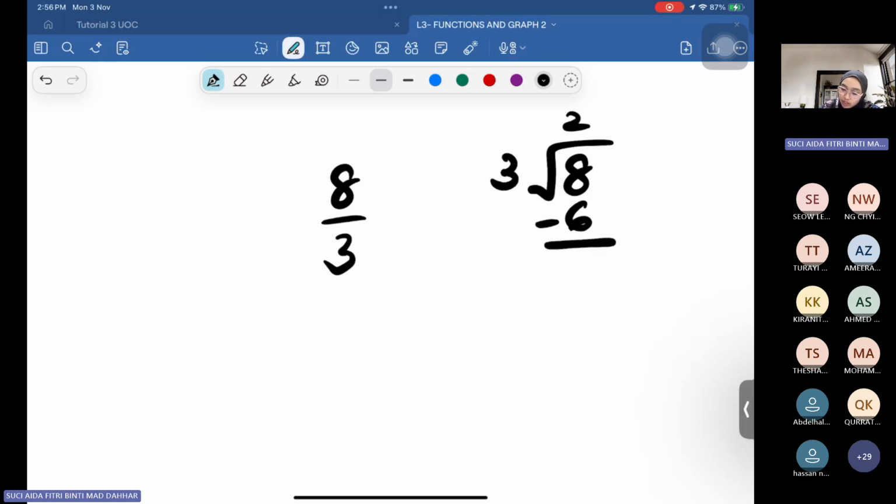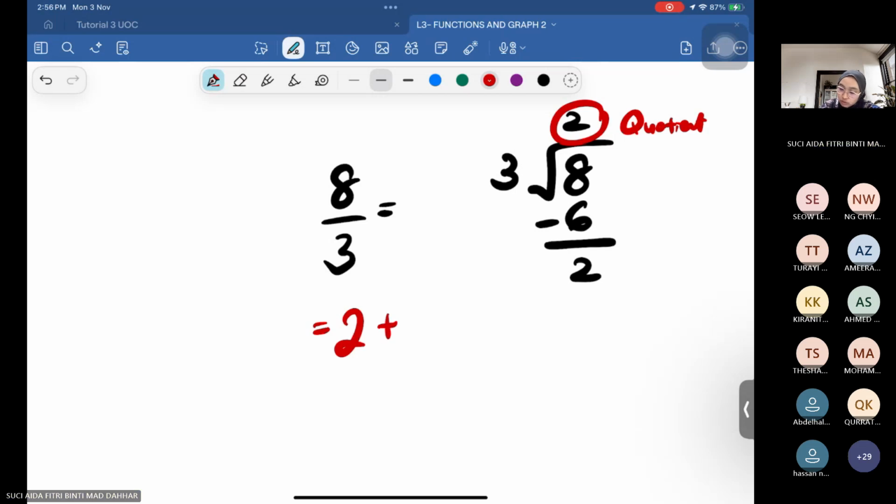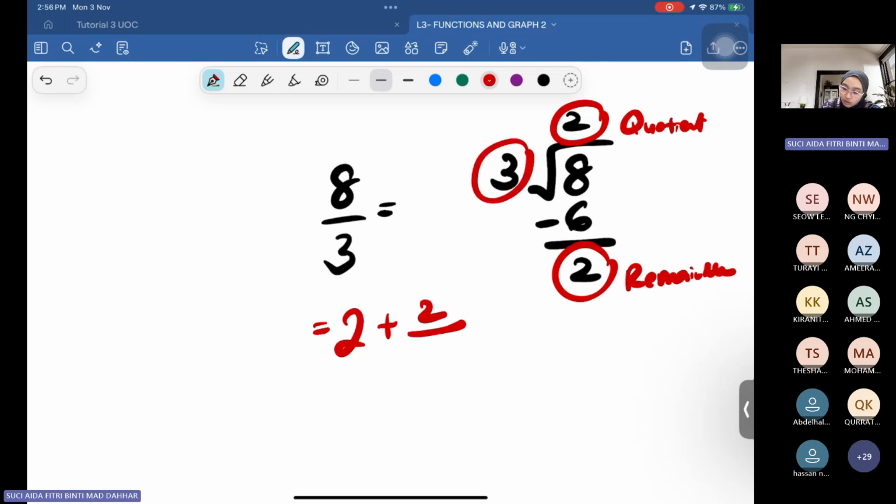So when you subtract, you will get 2, correct? So how do you write 8 over 3 as a mixed fraction? This is your quotient, so you take 2, plus 2 is your remainder, divided by 3 is your divisor.